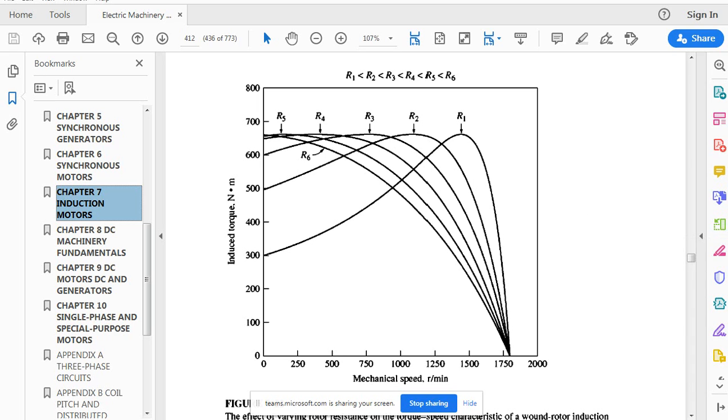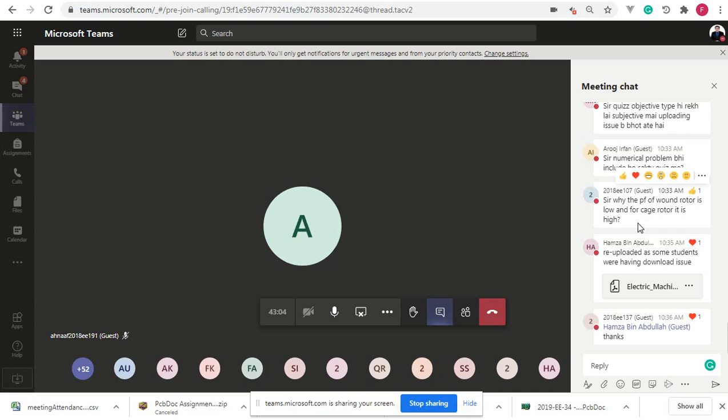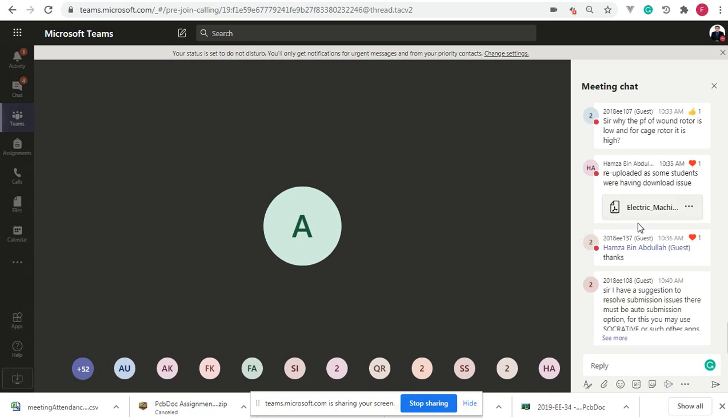So the reason is very simple, that the wound machine is going to have a low power factor as compared to the cage rotor, which is not high actually, uski bhi low hai. It also has a low power factor, but overall the difference is actually going to be there.